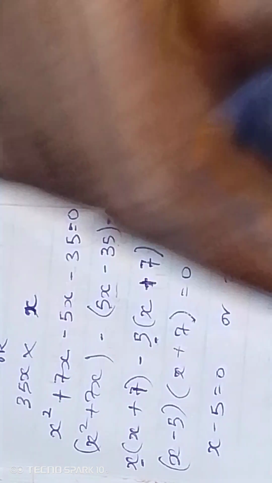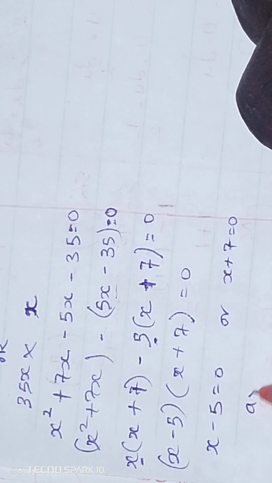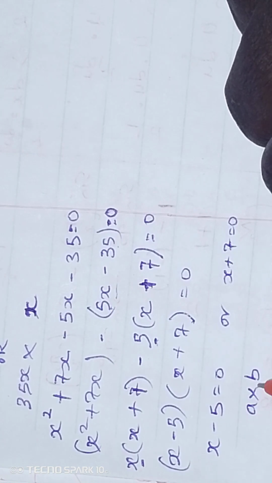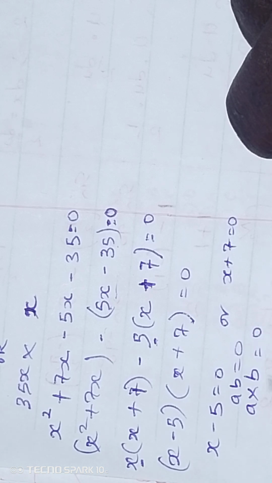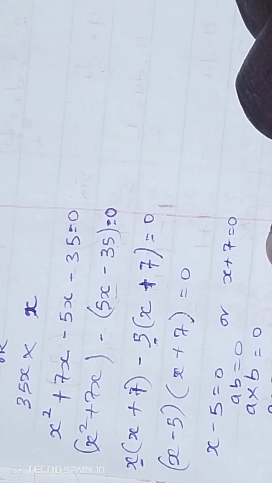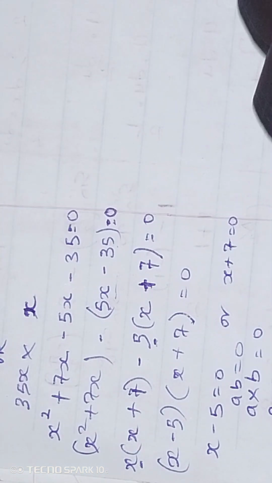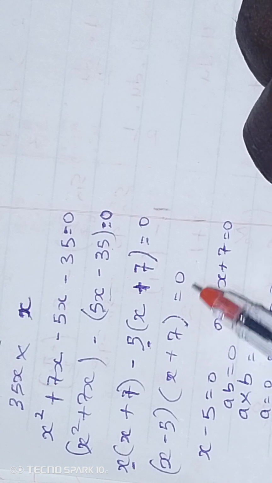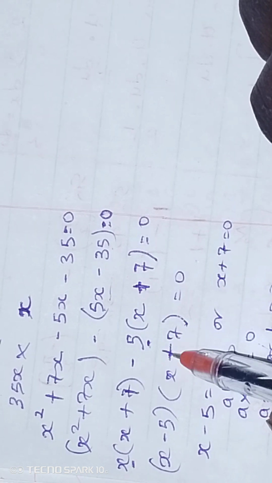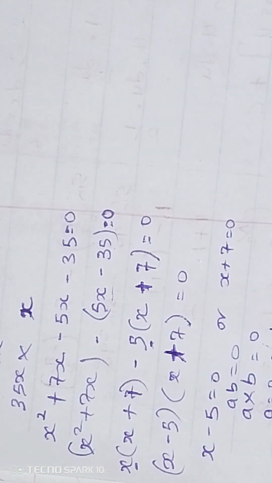What I'm trying to explain is that if you say a times b is 0, what will make that possible is if a is 0 or b itself is 0, or even both a and b are 0. That is why we say that x minus 5 is equal to 0 or x plus 7 is equal to 0, because their product can only give you 0 if either or both of the two are zeros.